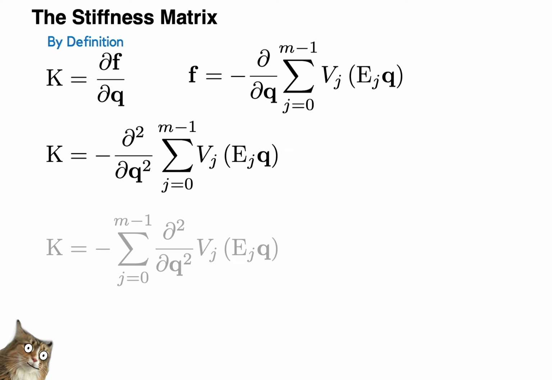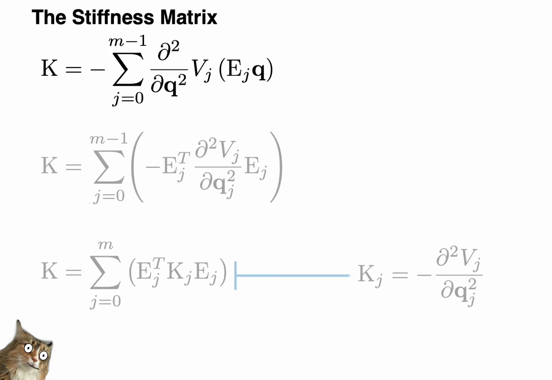Just as before, we can move our derivative operation inside the sum and work on a per spring basis, rather than forcing ourselves to work on the whole mesh at once. And this is very convenient. Judicious evaluation of this second derivative gives us something analogous to our generalized force computation, except here we have a per spring Hessian sandwiched between our per spring selection matrices.